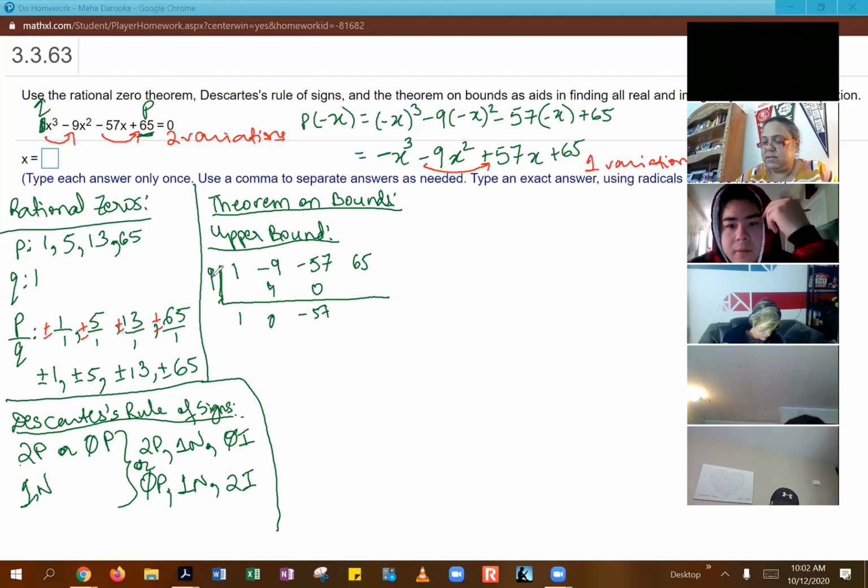So 66 minus 9 would be 57. But then when you multiply 57 with 66, that'd be a really large number. Yeah. I think 3762 minus 57. I think, yeah, that is really, really large.